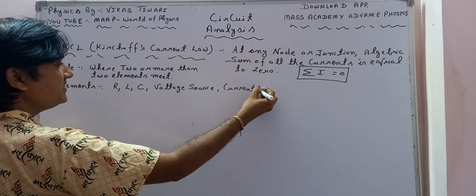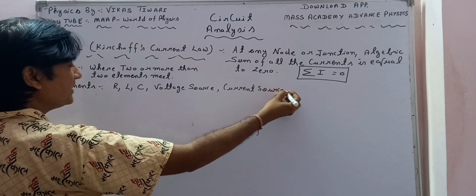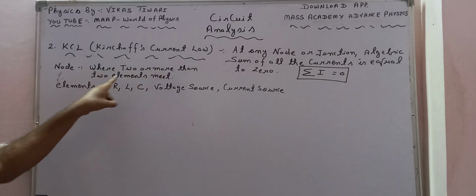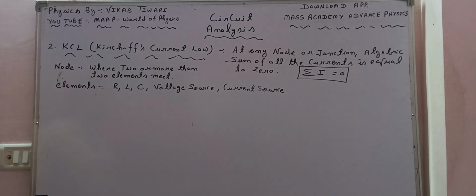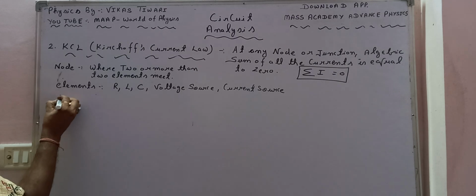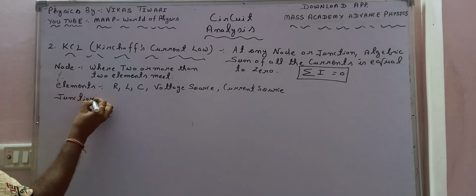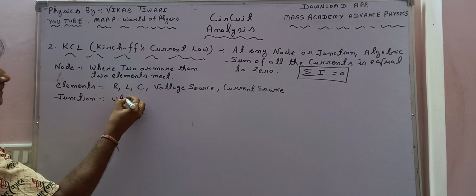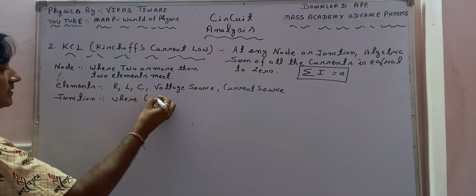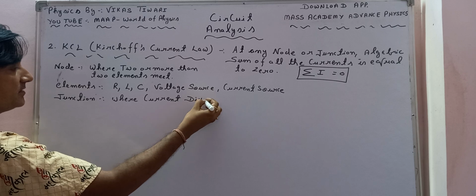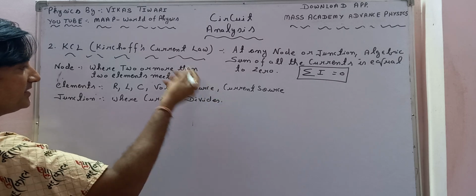So where two or more than two elements meet, that point is called a node. And a junction is where current divides.